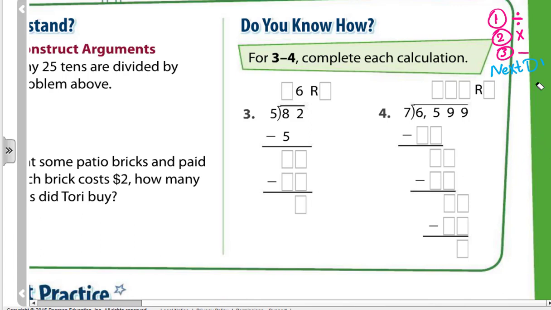Okay, I cannot use this color. I will use another color. And when we drop the next digit, what should we do after that? Repeat. Excellent. You are a hero. Okay. My heroes, write the steps. These are the steps that we are going to use each time we use division.